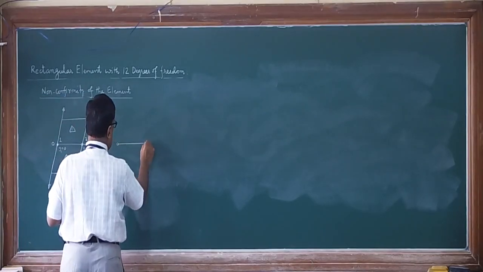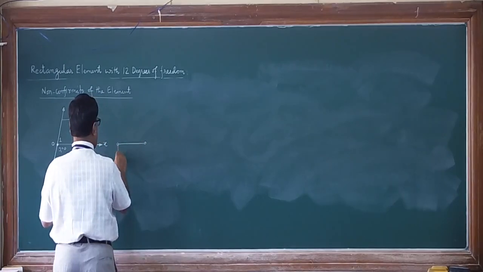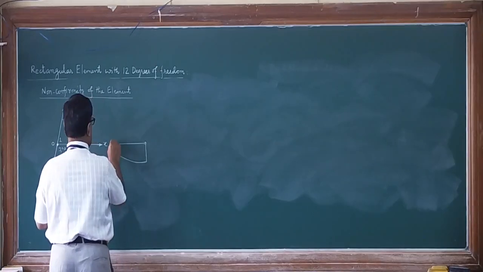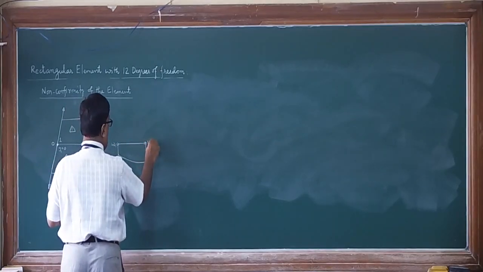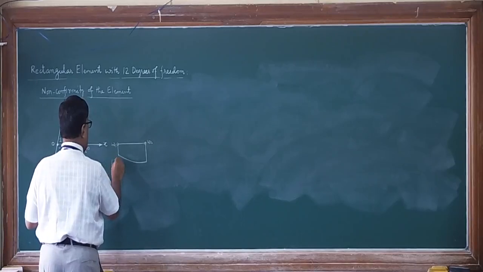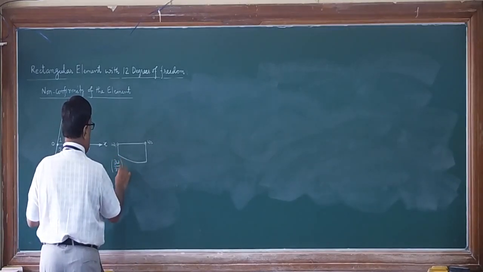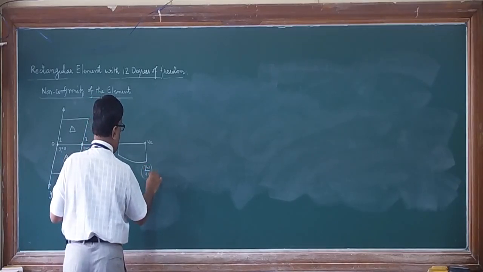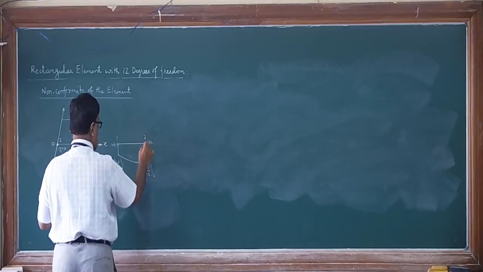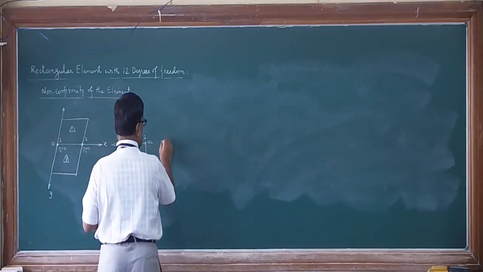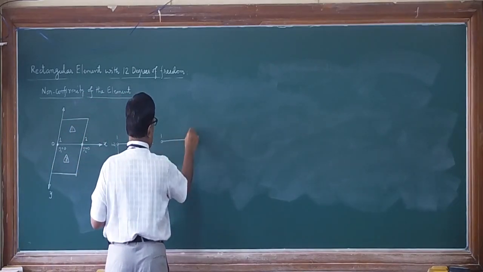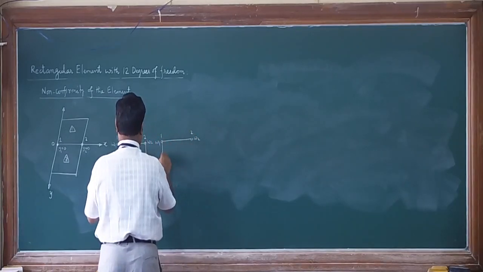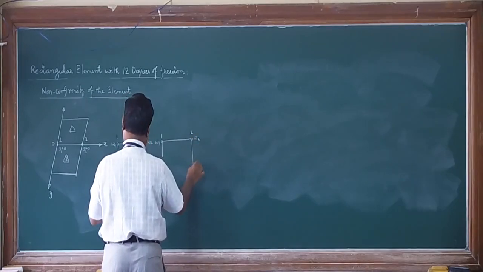If I show this, this is my first conforming, 4 degrees of freedom, W1 and W2. If I write the slope dou W by dou x at node 1 and dou W by dou x at node 2, these are going to perfectly match. But when it comes to the other, that is 1 and 2, when you write this is W1 and W2, this will be there, this will be there.